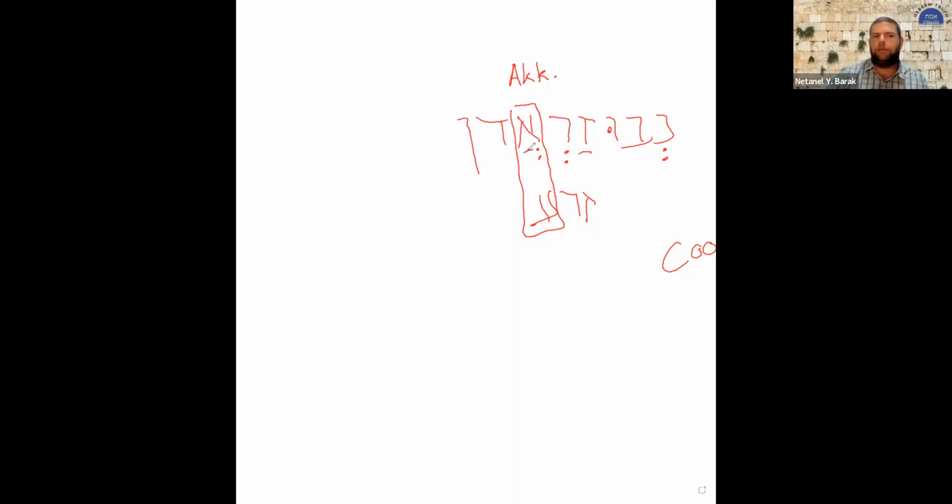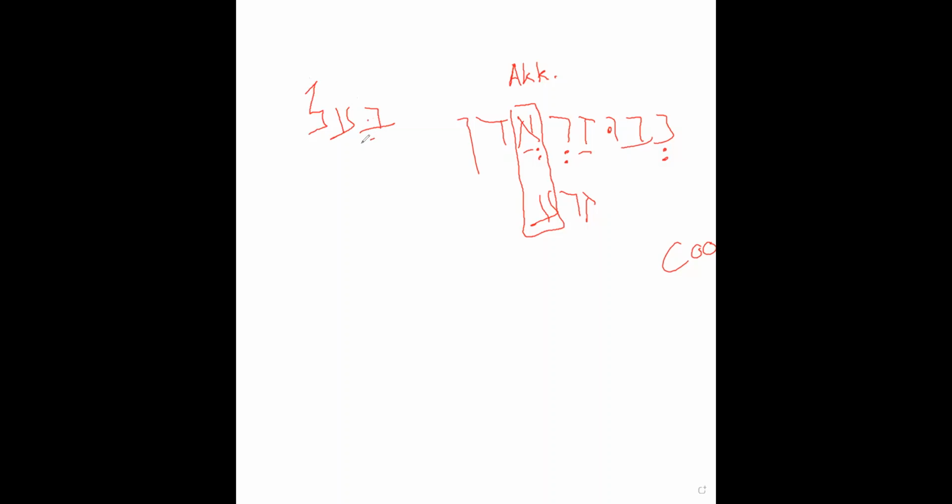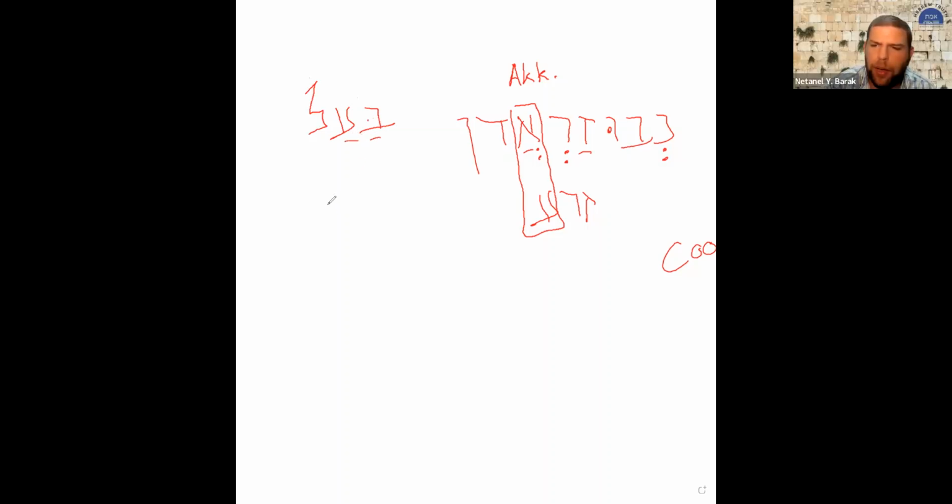So certain consonants, they don't even have a way to distinguish between the two. Let me give you an example. You know the deity that was the main contestant for the Lord God of Israel in the land of Canaan, right? That's the Baal.